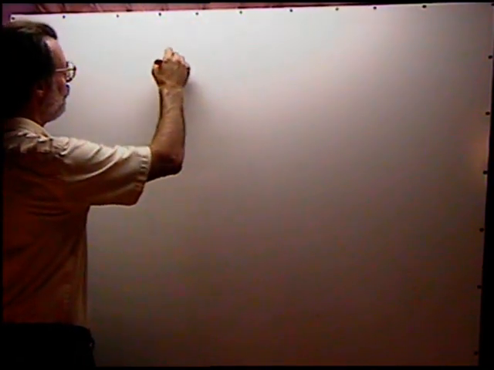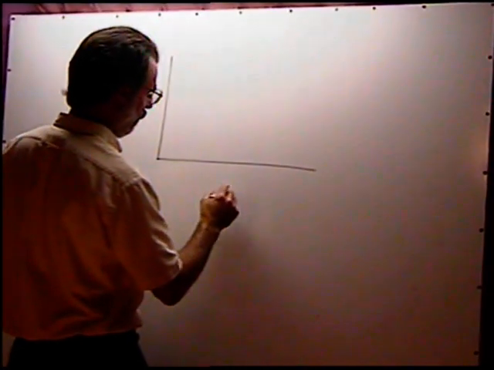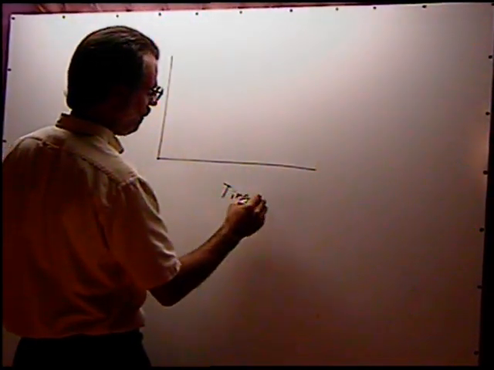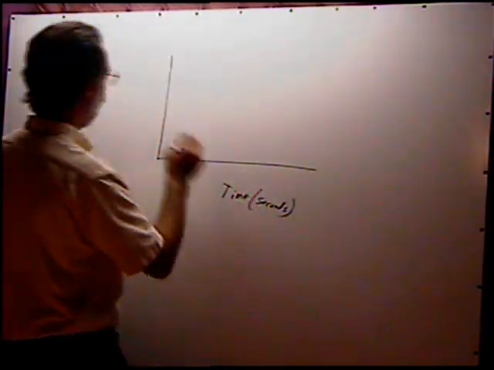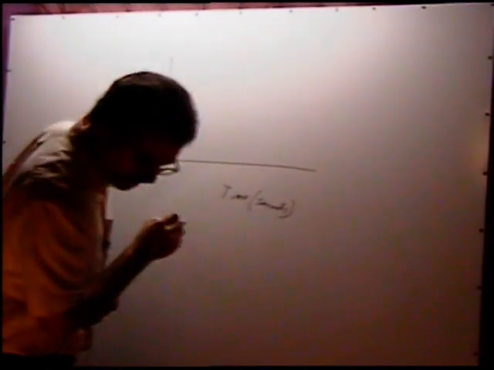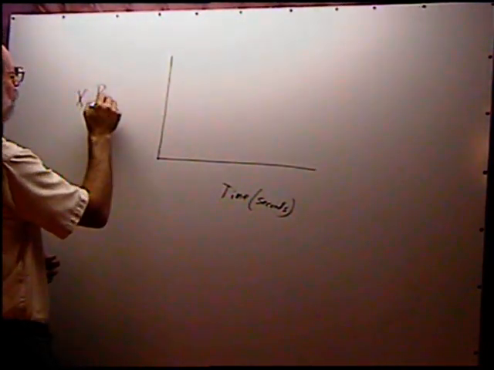If you look at that, what we have, change pens here, this is time. The x-axis is time in seconds. The y-axis is position. So this would be the x position.